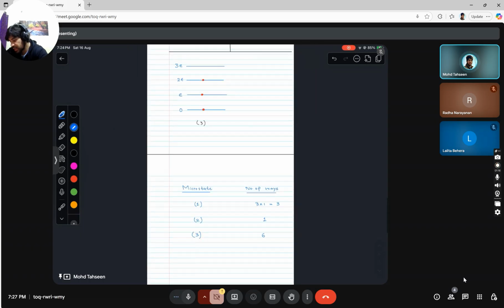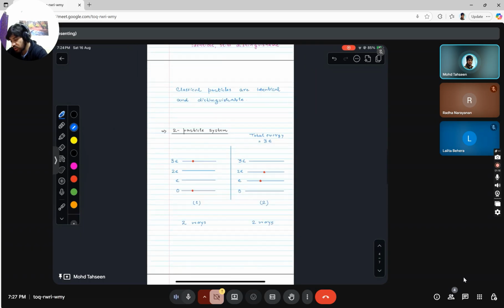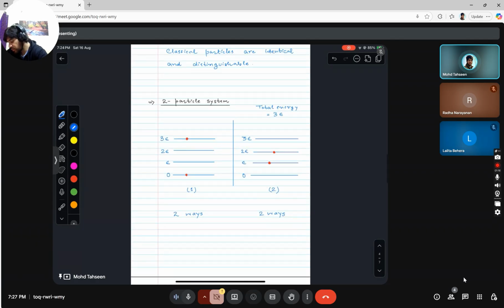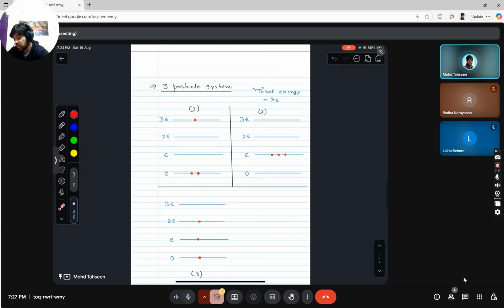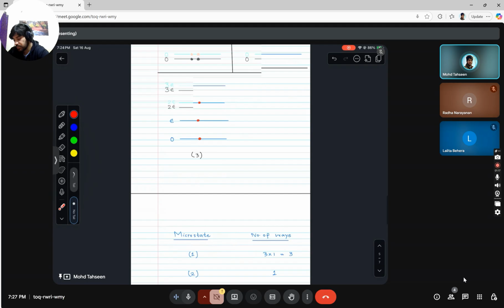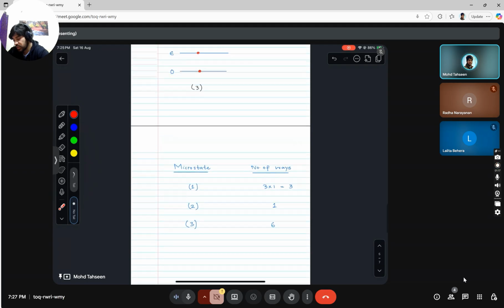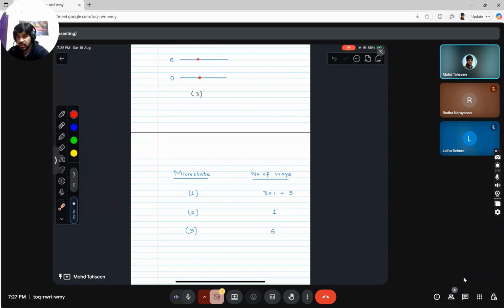We saw that in the first case, when we had only 2 particles, both of them had the same number of ways in which the microstates could be constructed. Here we had 2 ways, here we had 2 ways, but now we start to see that once we increase the number of particles in the system, we have differences in the number of ways possible, right?